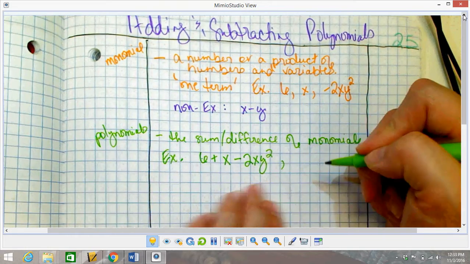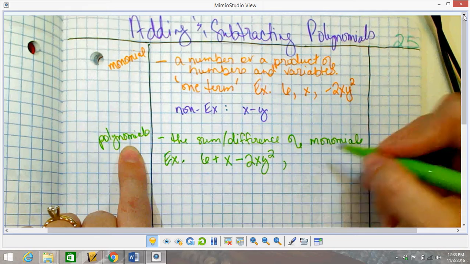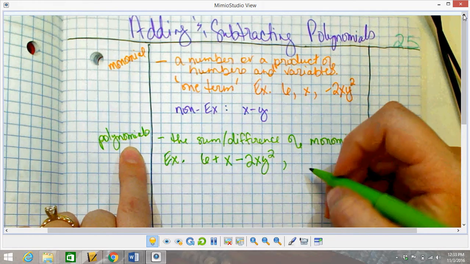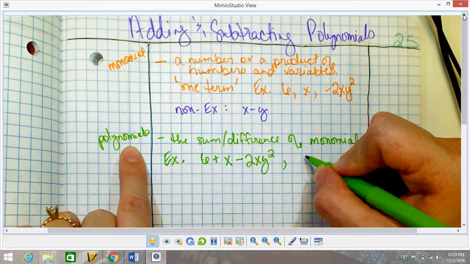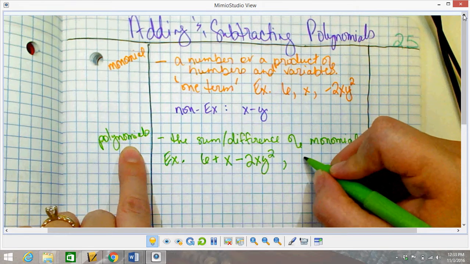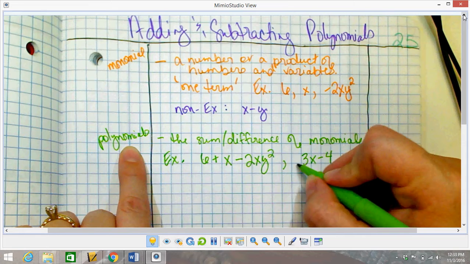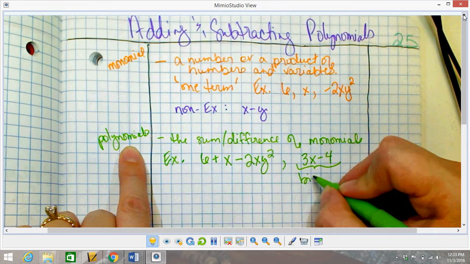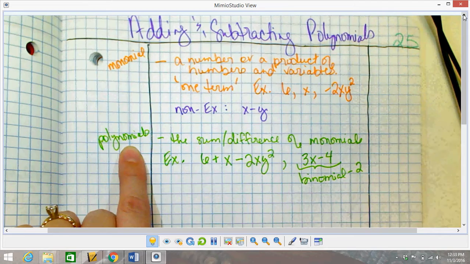From last unit, you probably remember our very special polynomial called a binomial, and that is when you have two terms. So a common example we did was like 3x minus 4. This is a binomial because it has two terms.